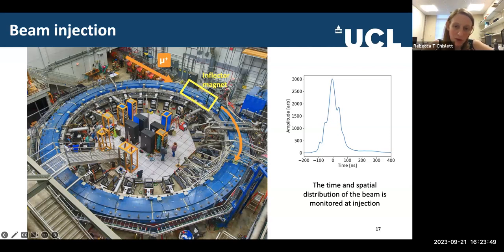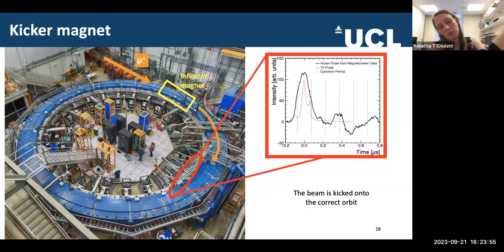Once they've gone through the inflector magnet, we can't leave the inflector magnet in the beam, because otherwise when the muons come around again, they would hit it. So it's actually slightly offset from the ideal orbit. Then we have these kickers. There are 3 kicker magnets which are located here, and these give the muons a slight kick to put them on to the right path in the center of the magnet.